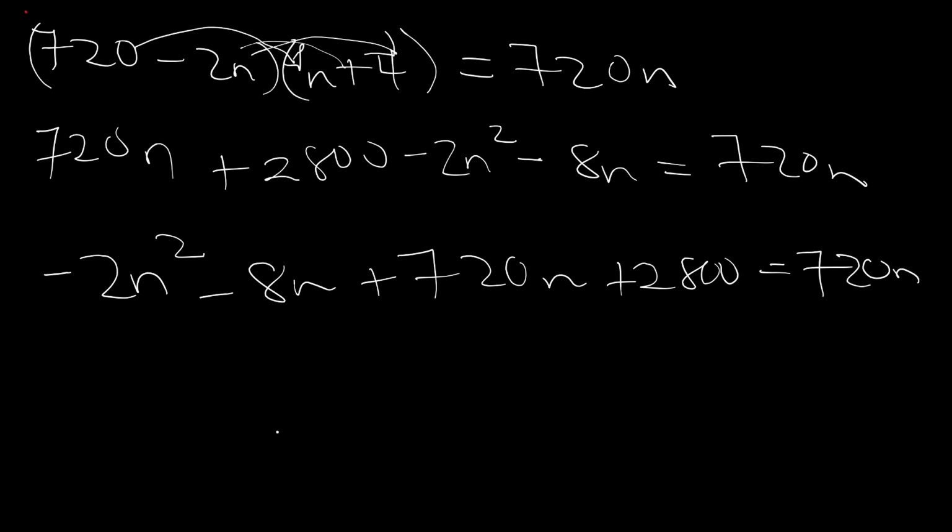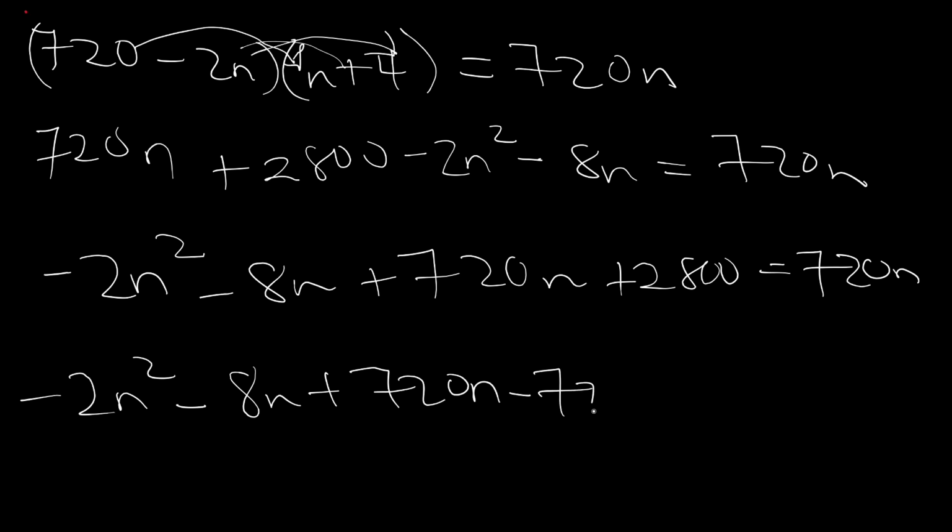Now, equating everything to 0, we will have negative 2N squared minus 8N plus 720N minus 720N, because this 720N will cross the equal to sign and will become negative, plus 2880, all equals 0.